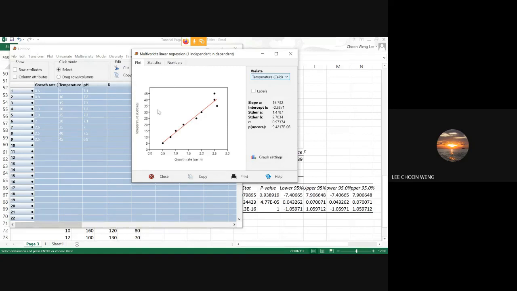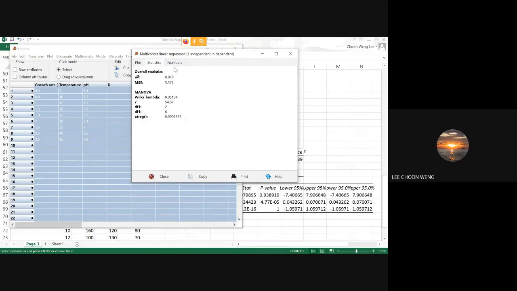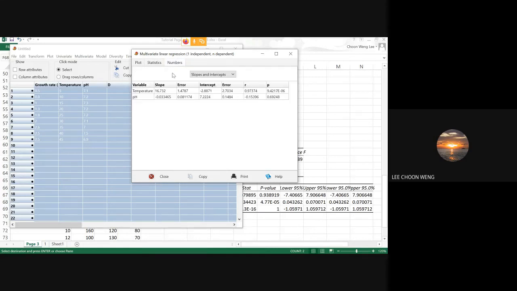From here it's clear that temperature is a more important factor relative to pH. The P is less than 0.05, so the regression is significant, and this shows the number for temperature and pH against the growth rate.